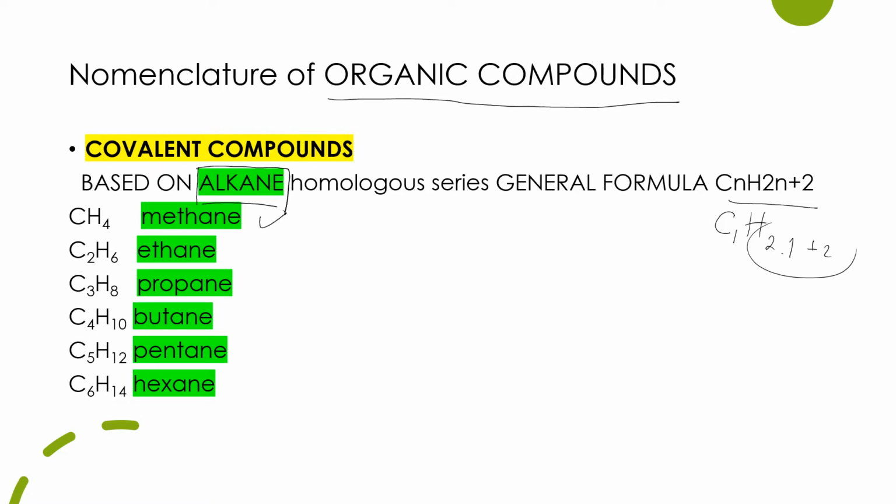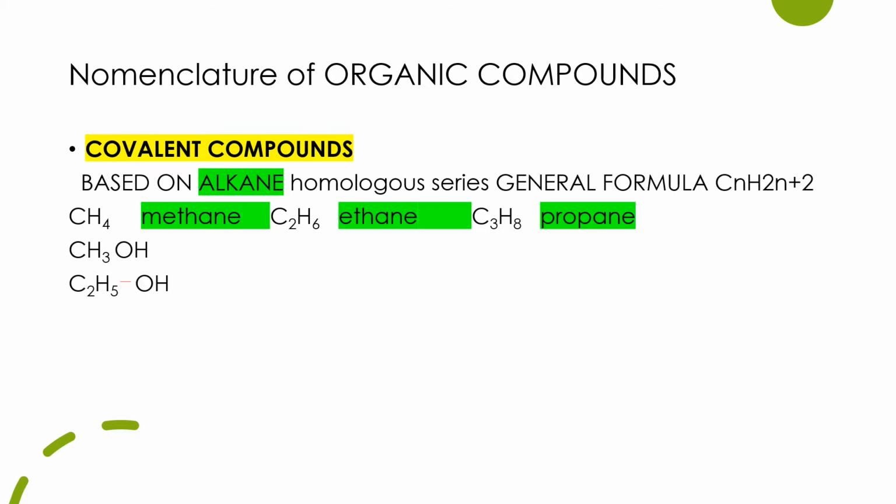CH4 is methane, C2H6 is ethane, C3H8 is propane, C4H10 is butane, C5H12 is pentane, C6H14 is hexane. That's the alkane.